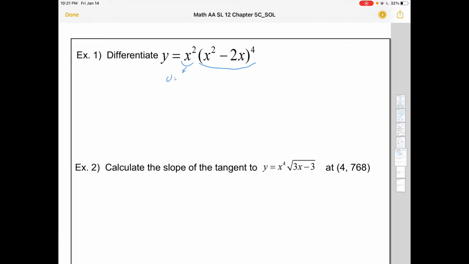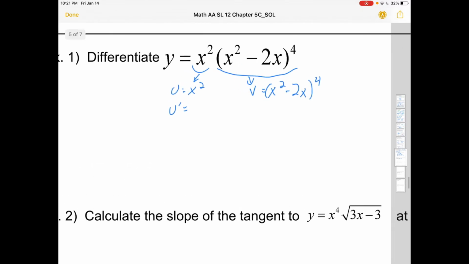So the first part of this is x squared. The second part is all the rest: x squared minus 2x all to the 4. And finding u prime is no biggie. That's just 2x. Finding v prime is also no biggie. It's 4 glob to the 3 times the derivative.